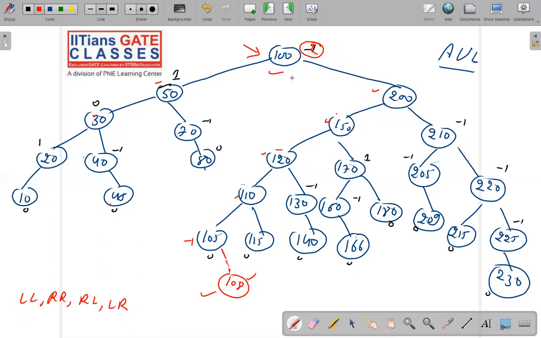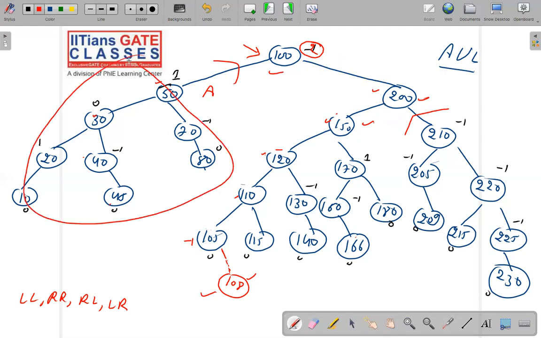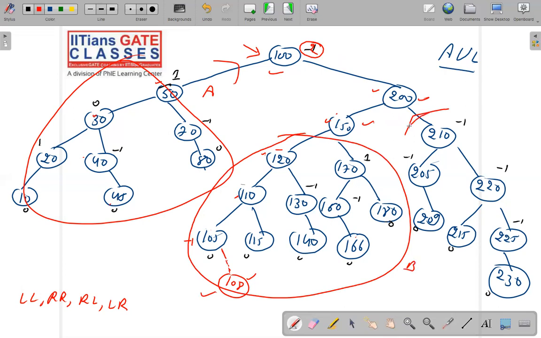So we will consider 100, 200, and 150. The rest we will label. We label this whole subtree as A, this subtree as B, and this subtree as C. Now we will try to solve the problem.